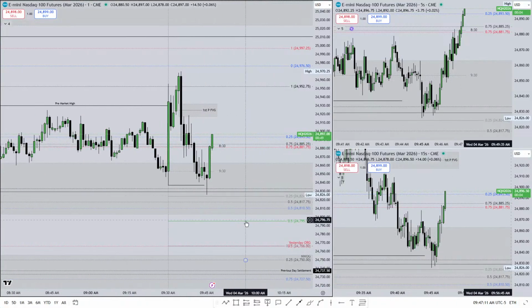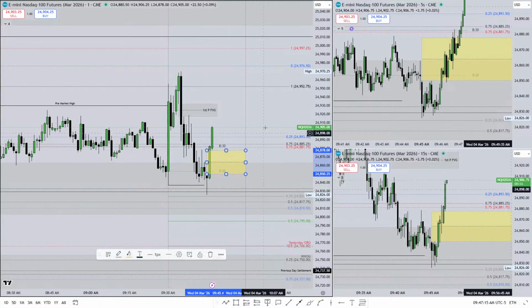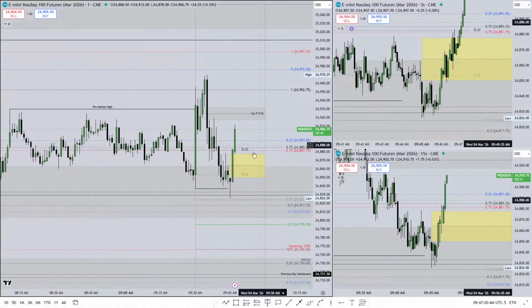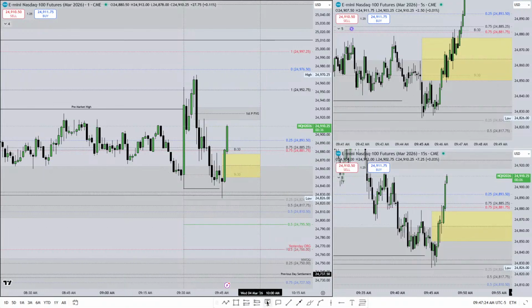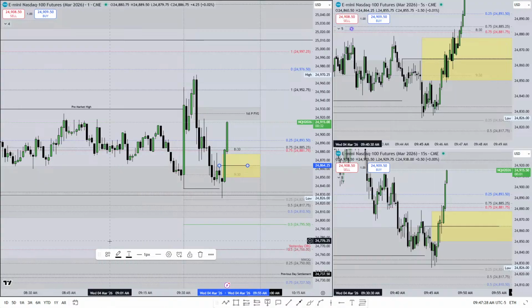It's through that 9:30 price. Let's see if we can get a fair value gap here. Buy side first, sell side second. Order block right through the midpoint of that BISI.